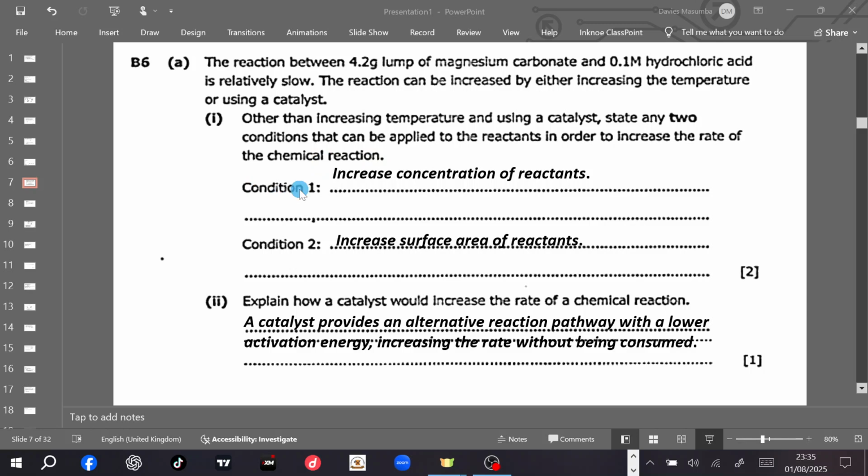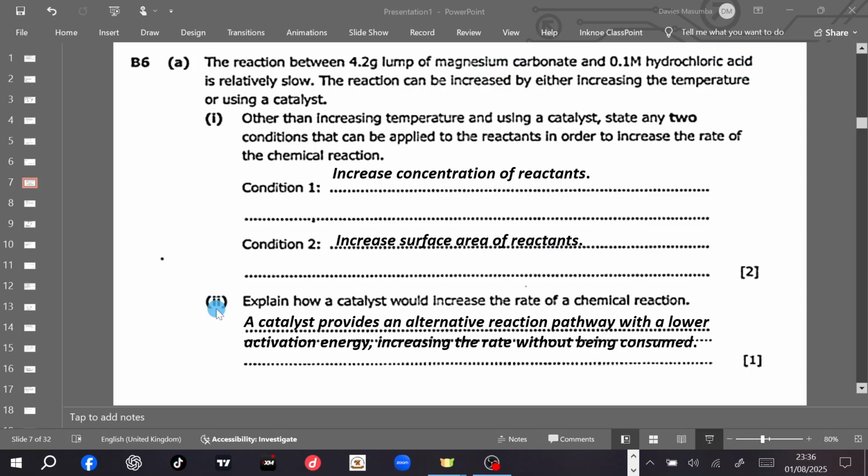So condition number one, increase concentration of reactants, especially increase the concentration of hydrochloric acid, which is in aqueous state. Then another condition is increase the surface area of reactant, especially magnesium, which is in solid form, because concentration is for reactant in aqueous, then surface area is for reactant in solid form.